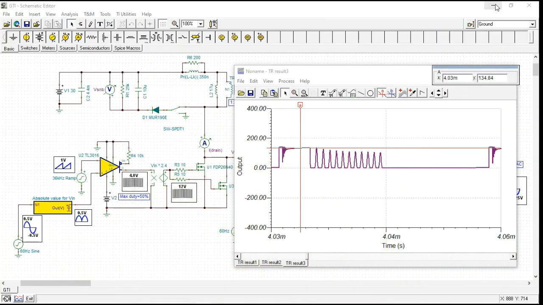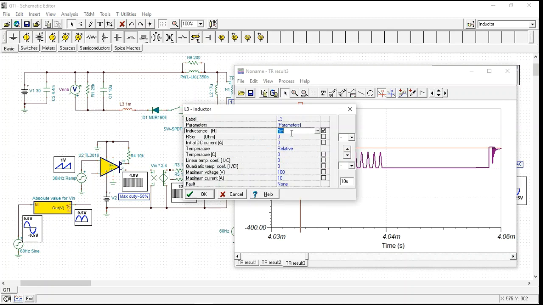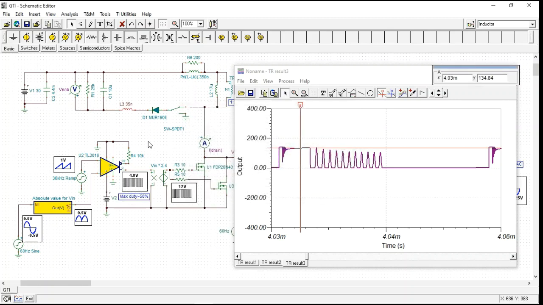Okay, so I know that if I say our leakage is 350, let's say the inductance in this path was, I don't know, 10% of whatever the leakage is, so that's pretty small, right? 35 nanohenries, that's a pretty small inductor, right?